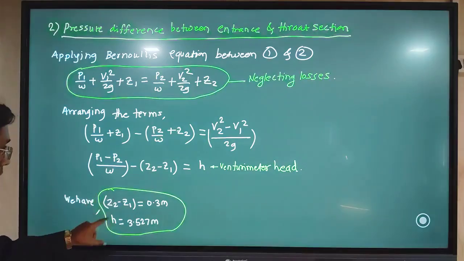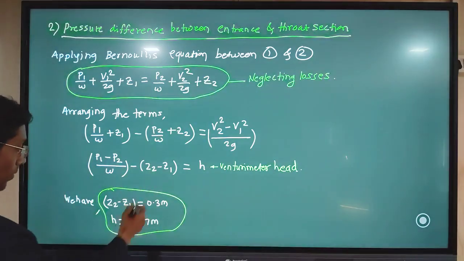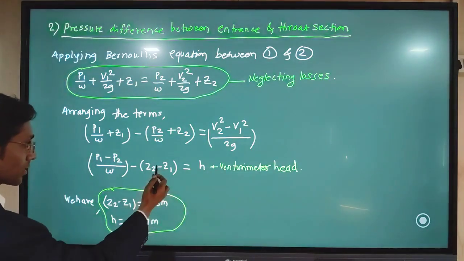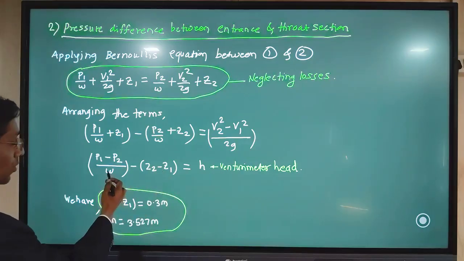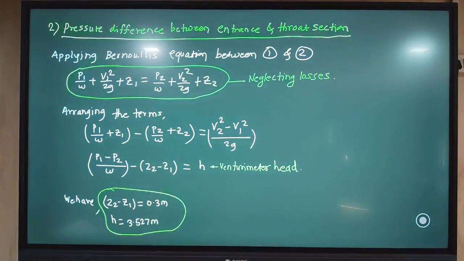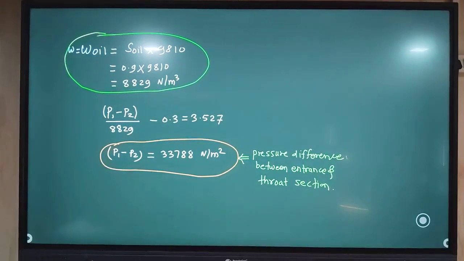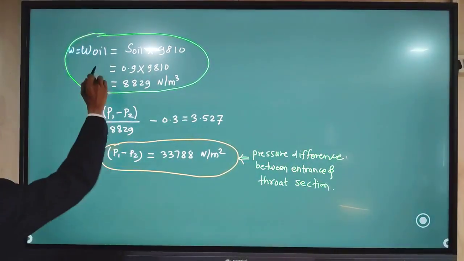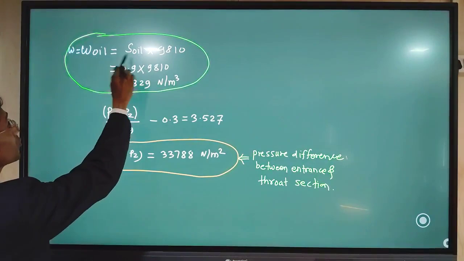Now this value we put in this formula: H we put here, Z2 minus Z1 we put here. W means the specific weight of the oil, which we have to calculate. We use the fluid mechanics first chapter, fluid properties.